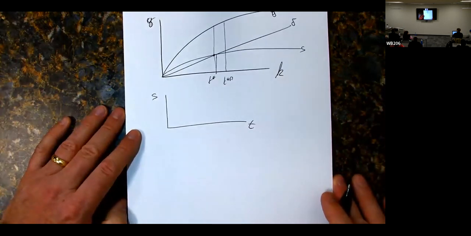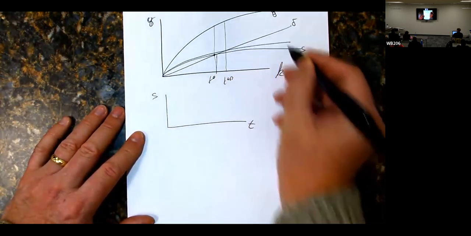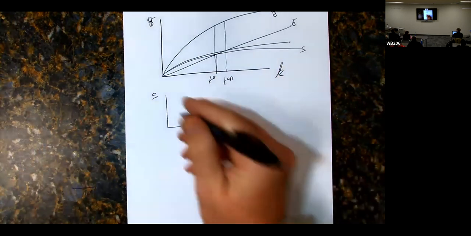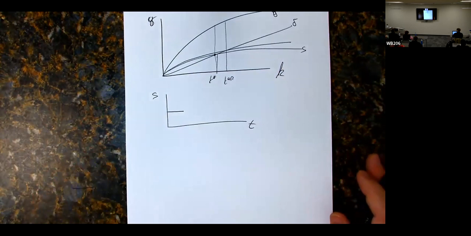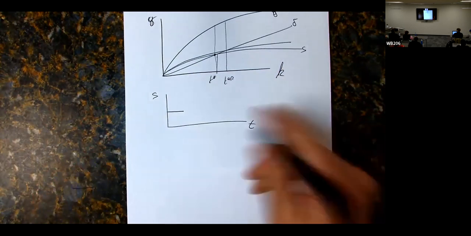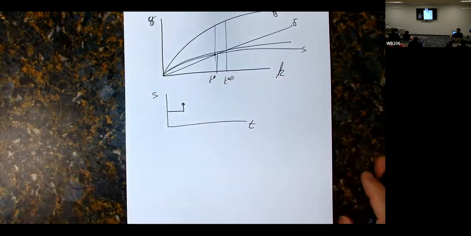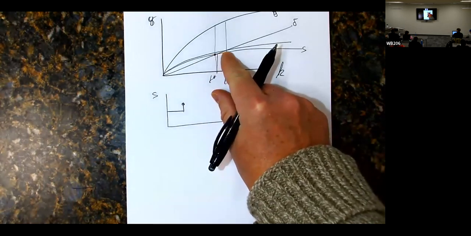What happens to savings? If we shift the savings rate up like this, what happens to overall savings? We were at a steady state, and we change the savings rate, right? Okay, what happens to savings? Well, there's a shock. You're saving more, but then after that, output is increasing.